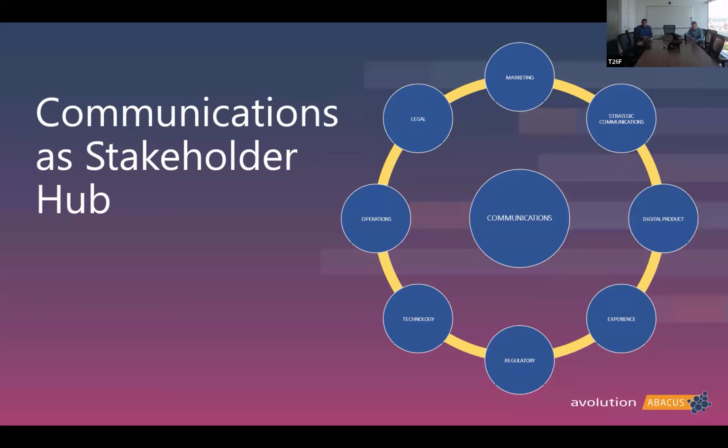So as we said, we're going to focus in on the communication space today. And as we look at domain modeling, our first step is to identify who are the stakeholders, right? And so as we look at this, the communication area has multiple stakeholders, right? We have folks from technology, we have folks from operations, legal, marketing, digital product, you name it, right?